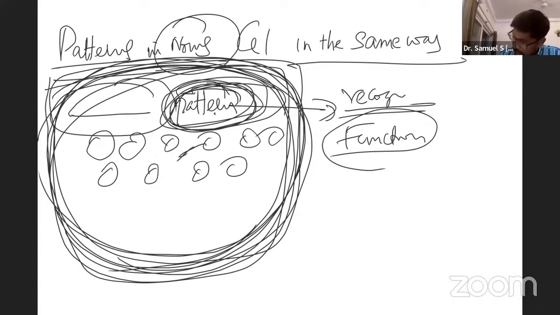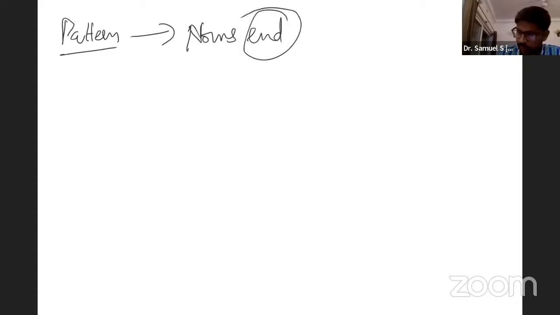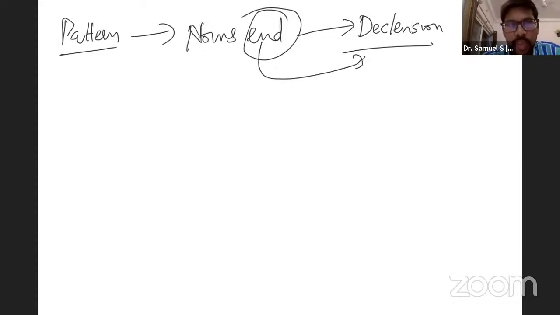And in Biblical Greek, the pattern is the way nouns end. The technical term for this is a declension, the ending. Grammarians have seen that the way nouns decline, or the way nouns end, is defining the pattern for us.